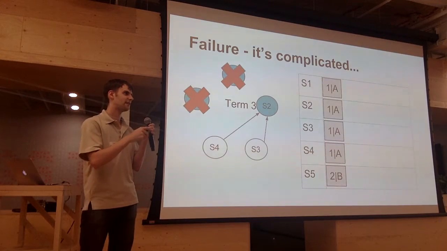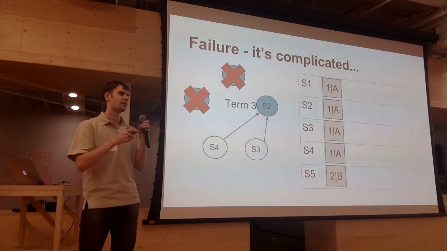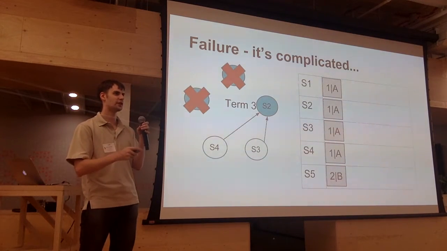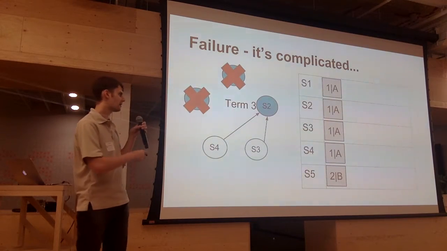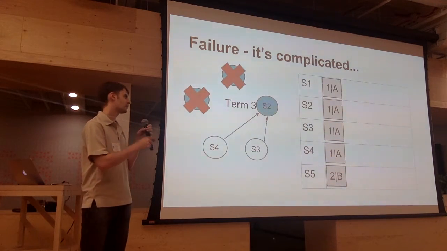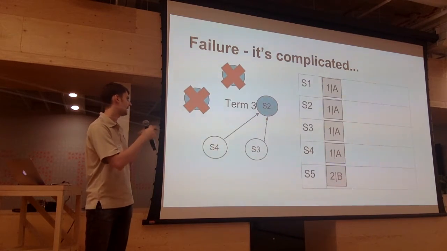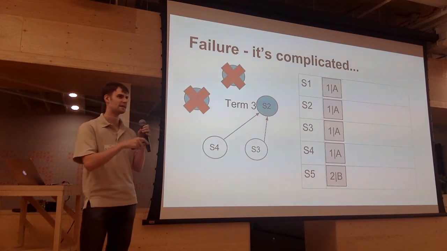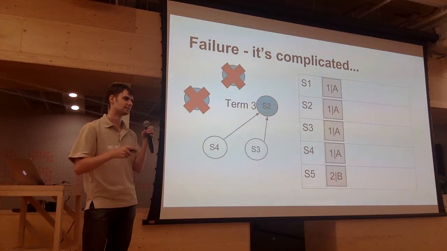And if it did, any of the other machines would vote for it, because when you compare to see whose log is more up to date, first you compare the term of the last log entry, followed by the index. So because server 5 has a higher term for its last log entry, any of the other nodes could vote for it, it could become the leader, and it could tell the other nodes to overwrite the entry that it has there. So because it could be overwritten, you can't consider it committed.